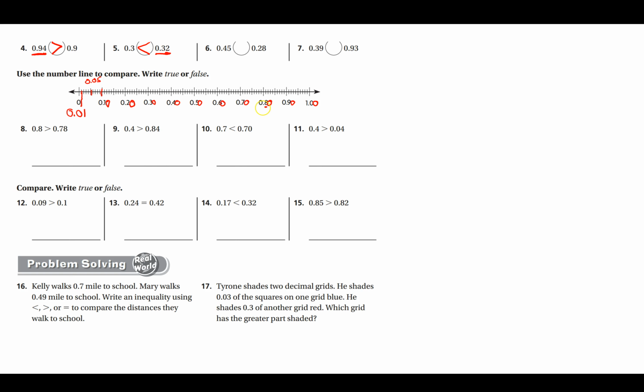I have an 8 in the tenths place, nothing behind it, which is the same thing as 0. So that one's going to go right there. And then 78 hundredths. Well, if this is 70, this would be 71 hundredths, 72, 73, 74, 75, 76, 77, 78 is going to be right there.